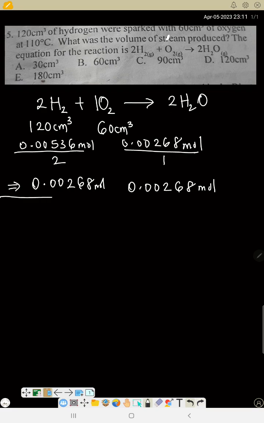So let's confirm it. If it is hydrogen you use, how many centimeter cube of water will 120 centimeter cube of hydrogen gas give you?